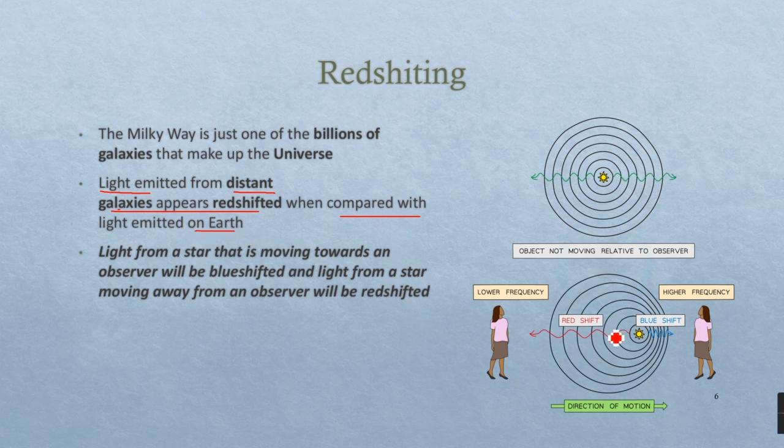When we look at an object moving away from us, you can see that the wavelength is increasing, so that means it's redshifted. And if the galaxy or the star is moving near us, we will see it as blue shifted, which does not really happen in our universe.